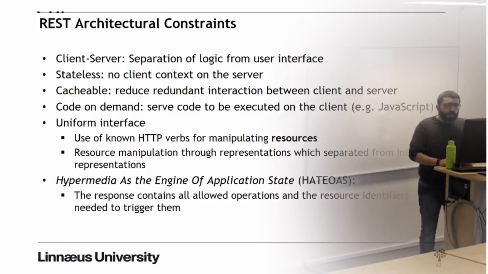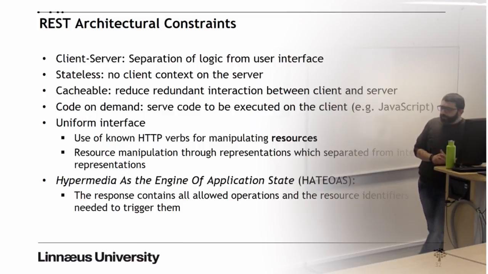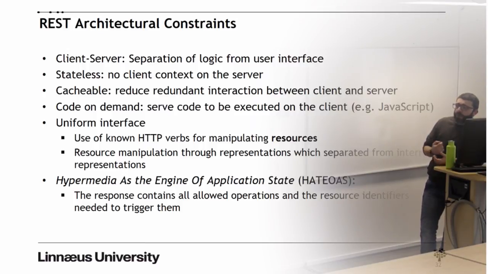And then we have hypermedia as the engine of the application state. That's very important. In order to implement a RESTful application, we need to exploit this. The idea behind this constraint is that the response you get when accessing a remote operation should contain the set of allowed actions.